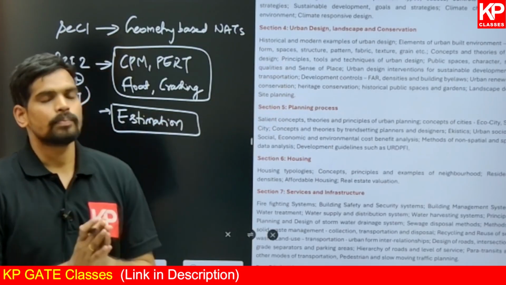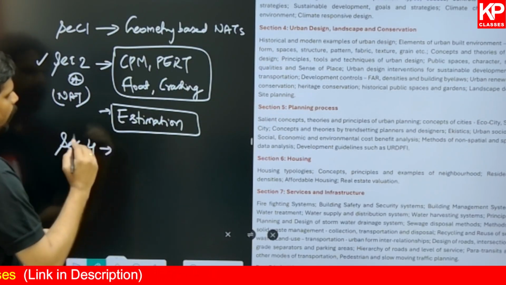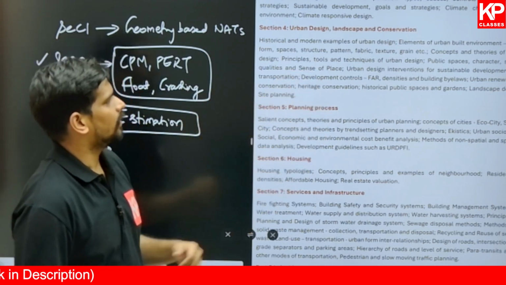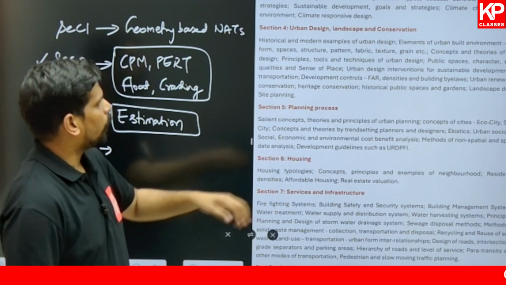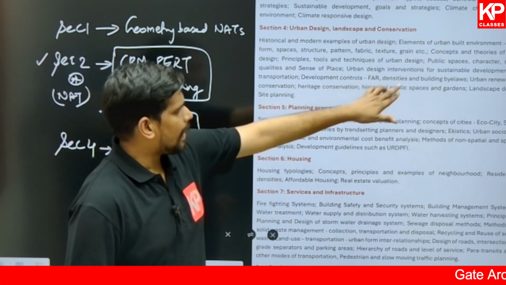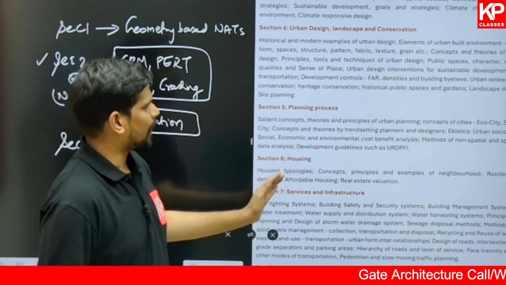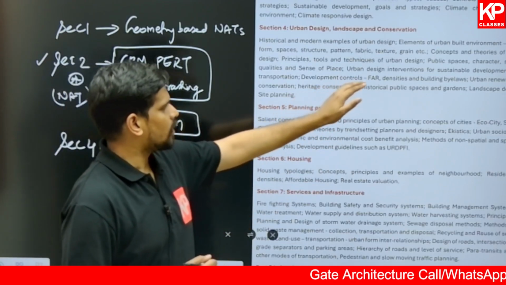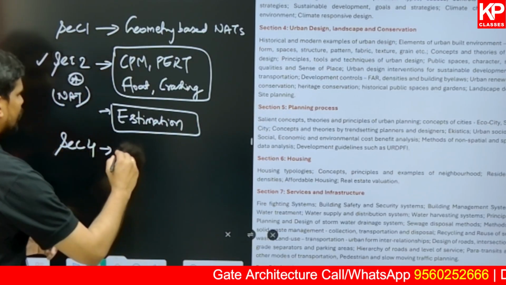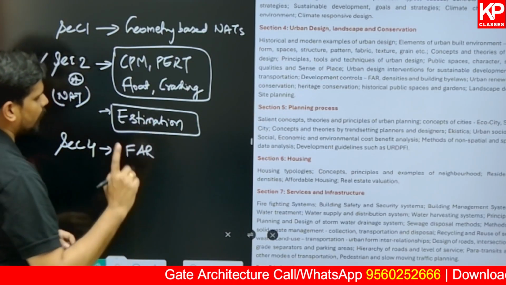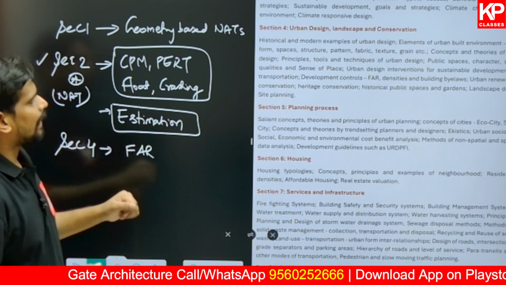Section 4 again is an important section from the numerical subjects point of view. Section 4 includes basically the numericals of urban design, landscape and conservation. From this section, development controls, FAR, densities and bylaws are interlinked with the housing subject as well, but because as per the official syllabus you have development controls and FAR written down here, I'm talking about that. You get a numerical on FAR every year, at least one numerical on the development controls part, that is FAR calculations.